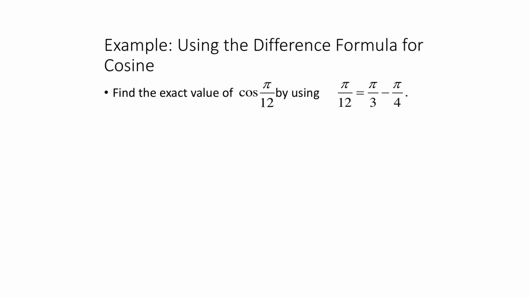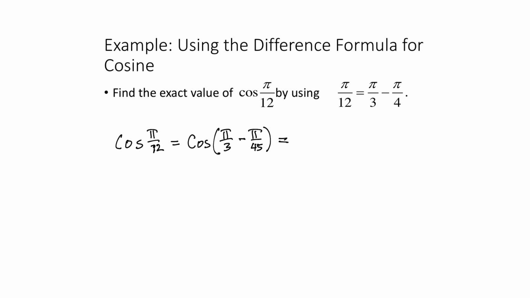But regardless, we're going to use pi over 3, which is 60, minus 45, to rewrite this using the difference formula for cosine. So just plugging these values in, I have cosine pi over 12, which we are re-expressing as the cosine of pi over 3 minus pi over 4, so 60 minus 45.